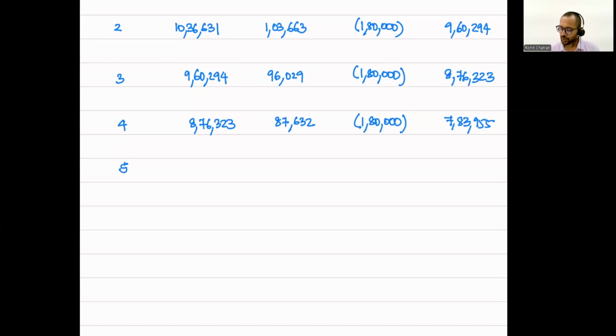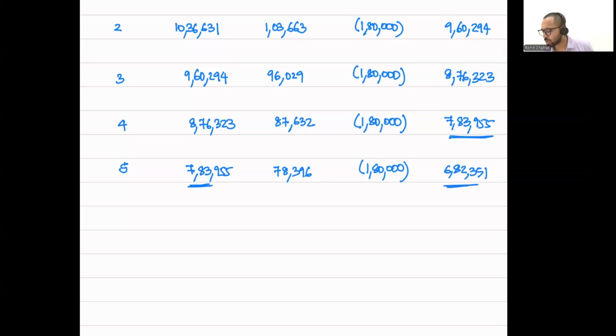For year 5, the beginning balance will be 7,83,955. The closing balance of year 4 becomes the beginning balance of year 5, and interest will be 10% of this amount, which is 78,396. I then deduct payment of 1,80,000 to calculate my lease liability, which will be 783,955 plus 78,396 less 1,80,000, which is equal to 6,82,351.